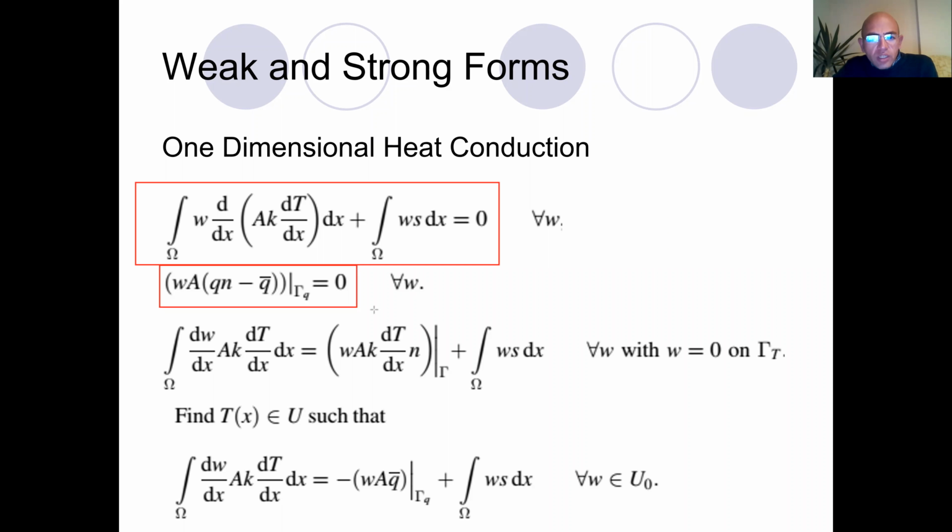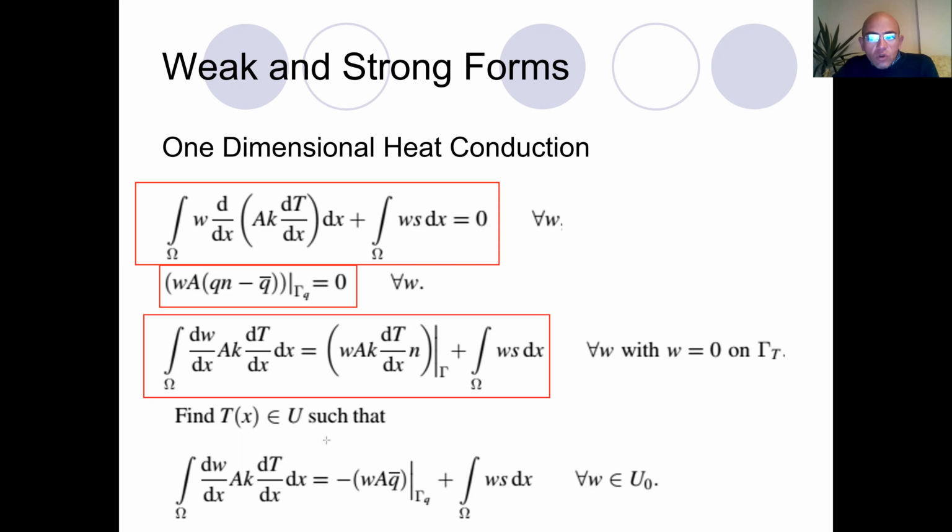Now, if we apply the integration by parts, again, we obtain this integral equation. It is the integration of dw/dx A multiplied by k dT/dx over the domain omega, and that's equal to w multiplied by A multiplied by k dT/dx multiplied by n over the boundaries plus the source term.